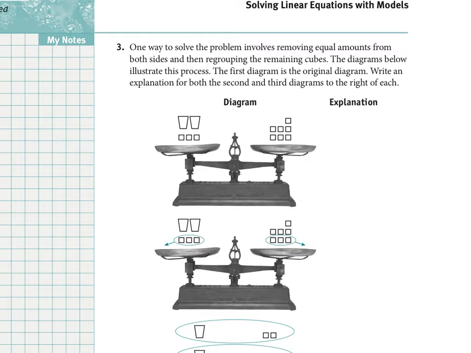Okay, so one way to solve the problems involves removing equal amounts from both sides and then regrouping. That's what we did. So the diagrams below illustrate this process. The first diagram is just the original problem, the original setup right here. In step 2, they're removing 3 blocks from each side.